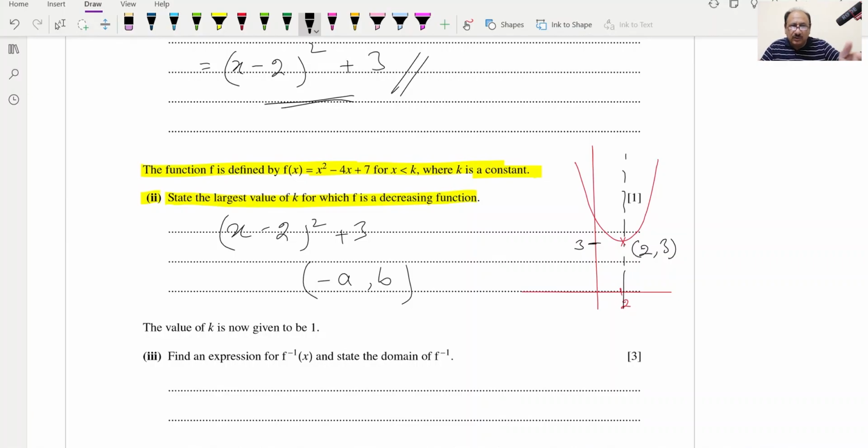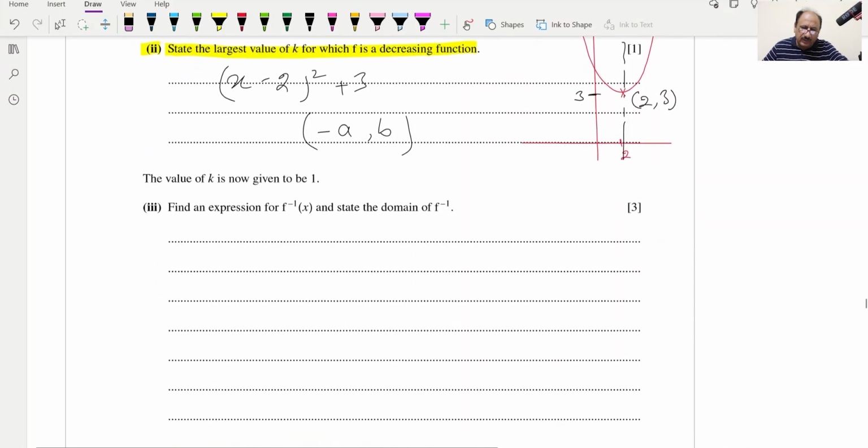Now this is the decreasing function. Basically this side is a decreasing function. They're saying state the largest value of k for which f is a decreasing function. So this is the largest value, 2 and 3, which we have written over here, and then the value of k is now given by 2.